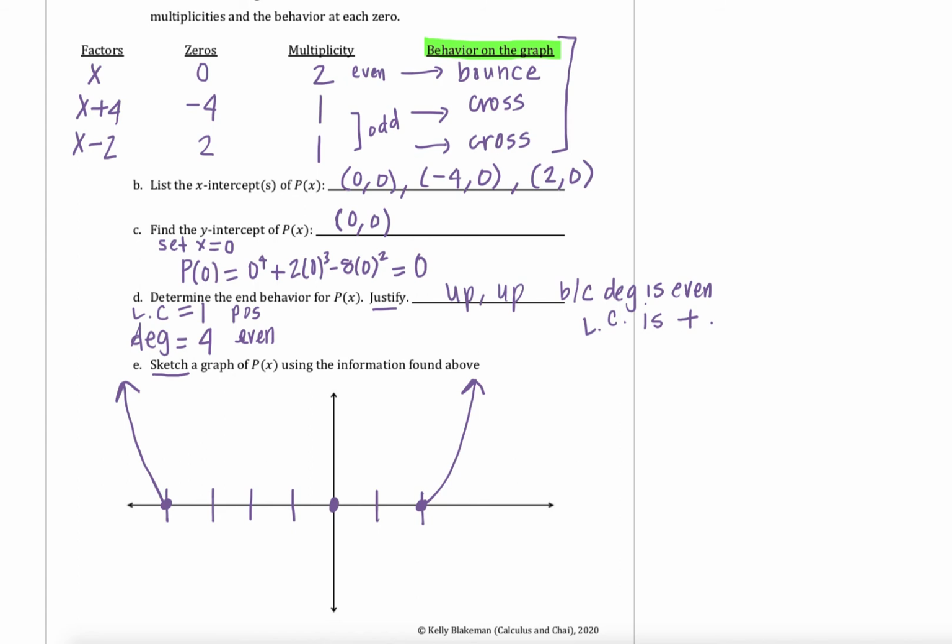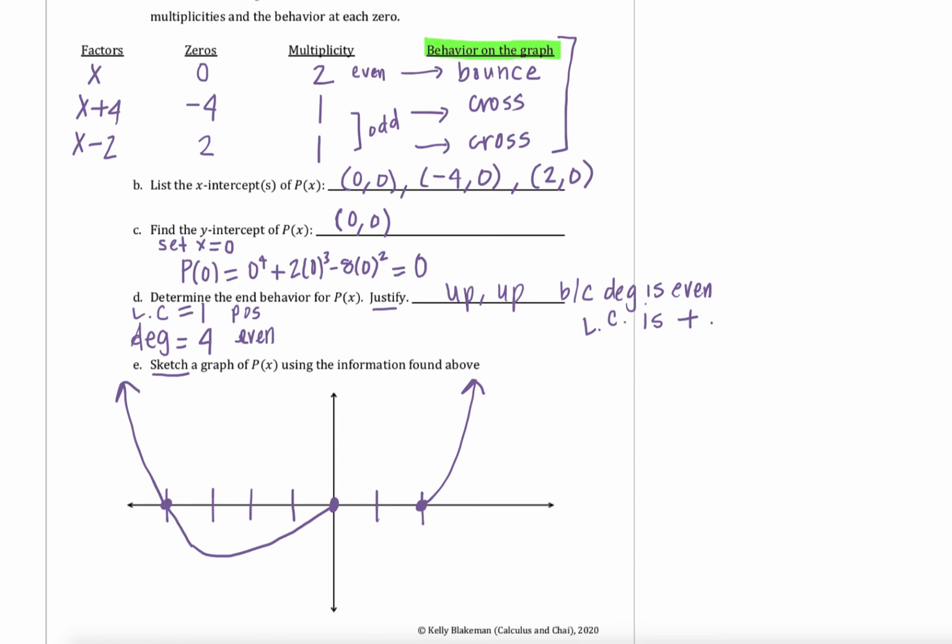And at -4, let's see what's happening. So if I go back to my table up above in part A, when I have the zero of -4, the multiplicity was odd, so we cross there, which means at -4 I'm going to cross through this graph. Then I do have to connect down to my next x-intercept, which is at 0, so I know that I have to make that connection.